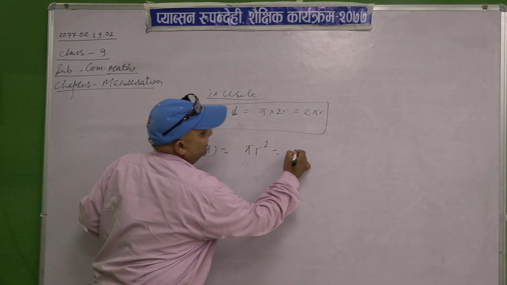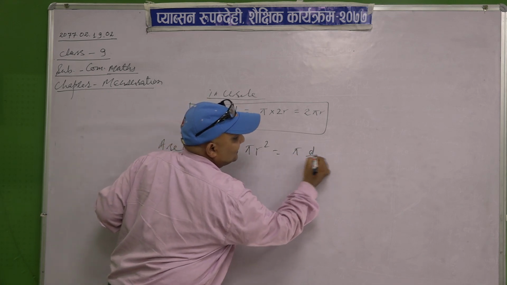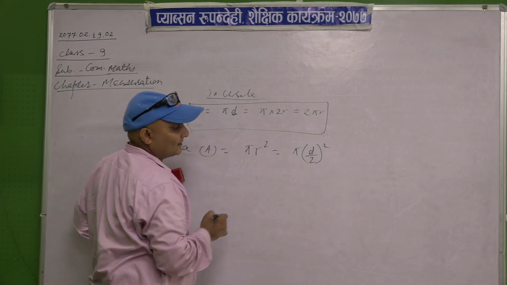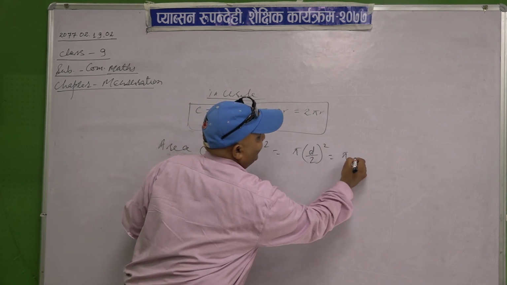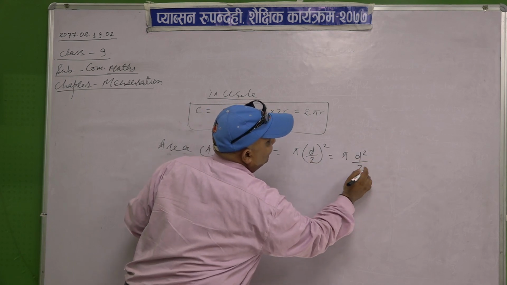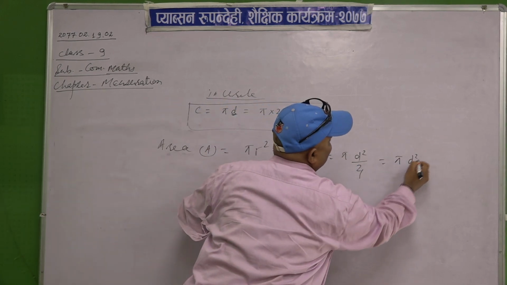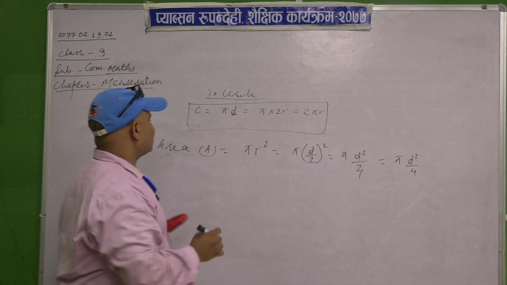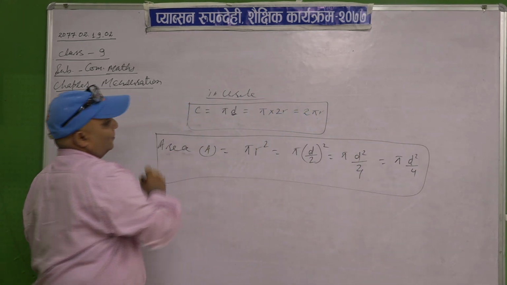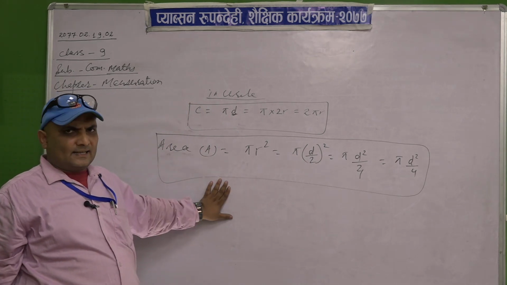And again we know that the value of r is d by 2, and make it square. It will be pi, whole square of d is d square, whole square of 2 is 4. It is pi d square by 4. So, this is the area of the circle which you have read in class 7 or 8.